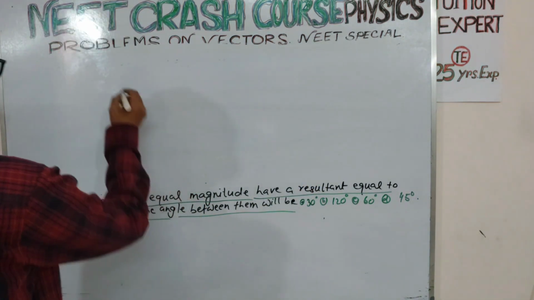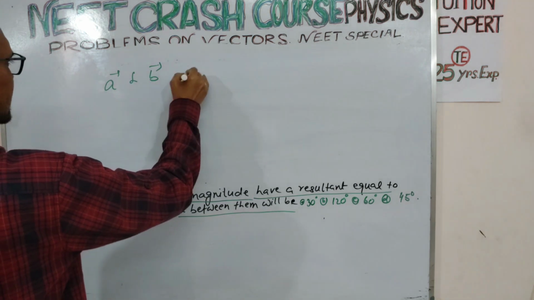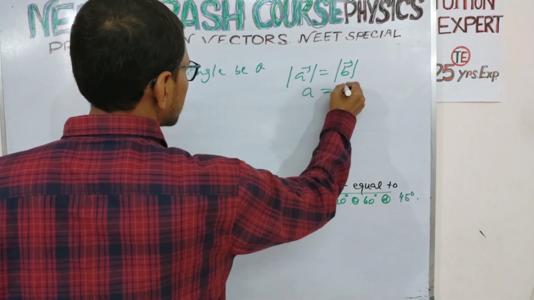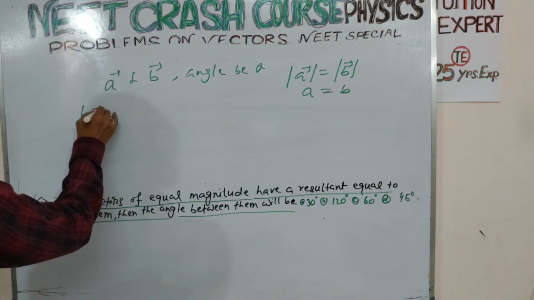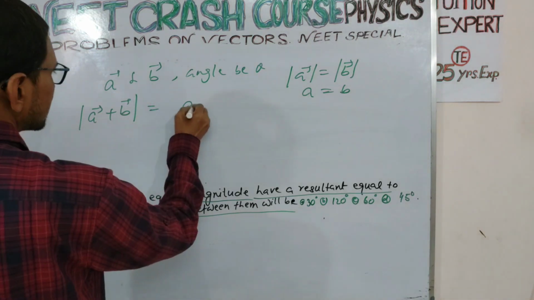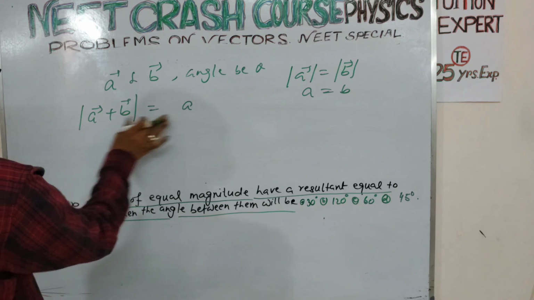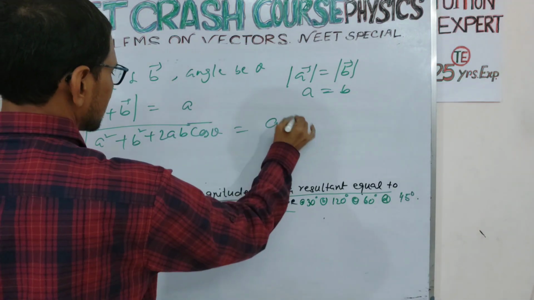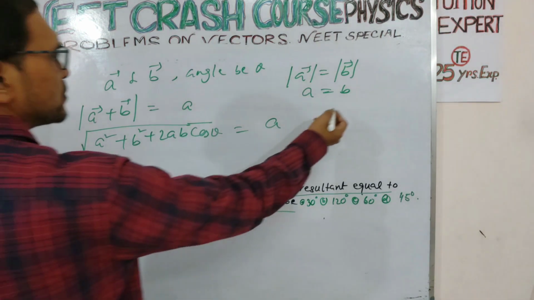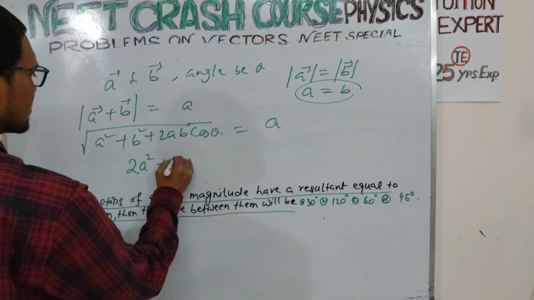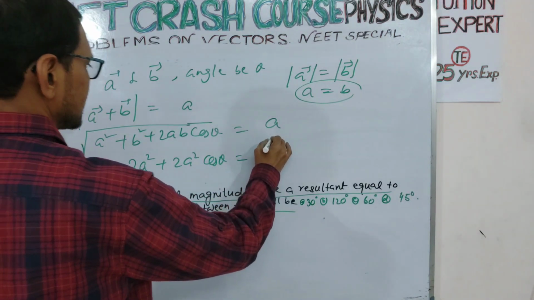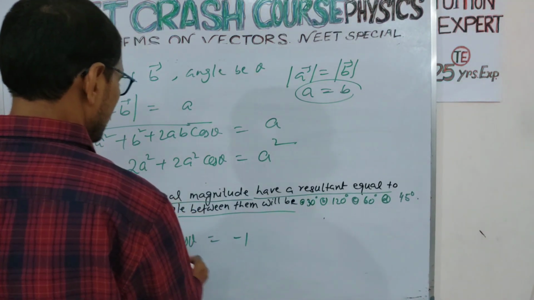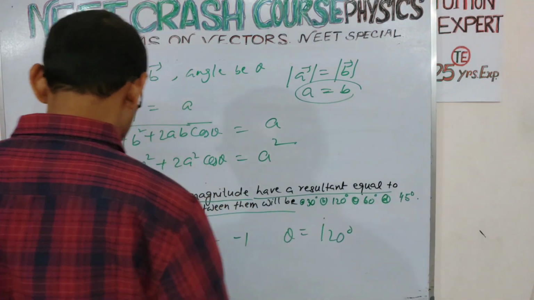If A and B are two vectors with angle theta, given mod A equals mod B, that is A equals B. Their resultant A plus B equals A. Now write the formula: if we put B equal to A here, we get A square, so cos theta equals minus half, and theta equals 120 degrees. So the answer is 120 degrees.